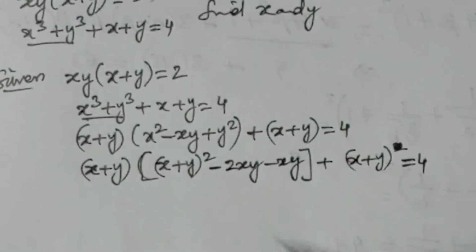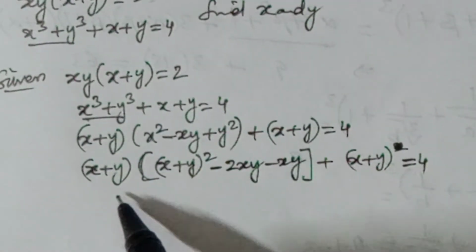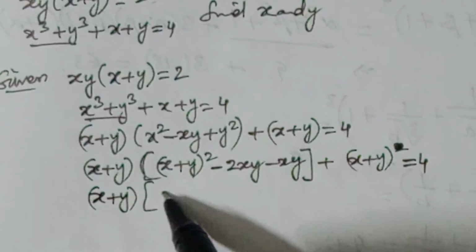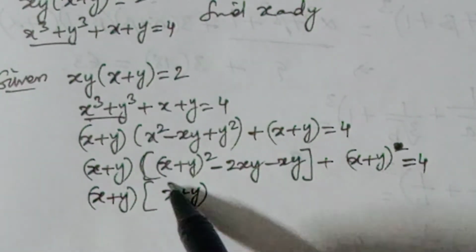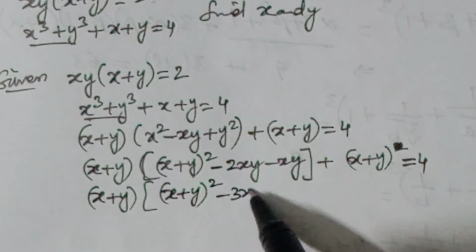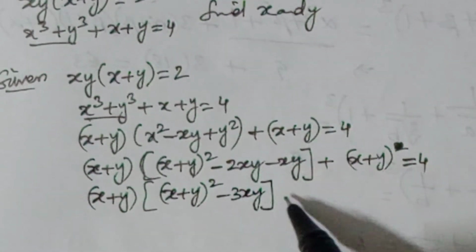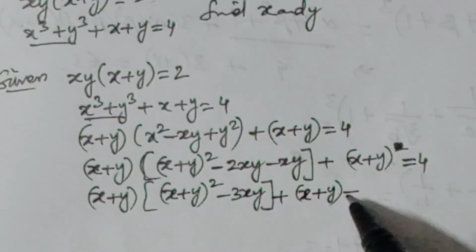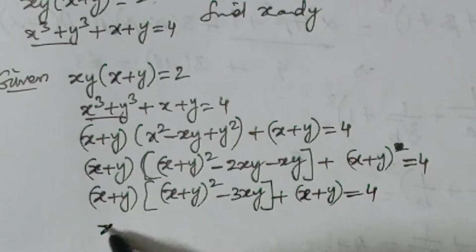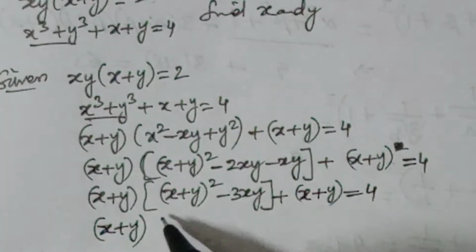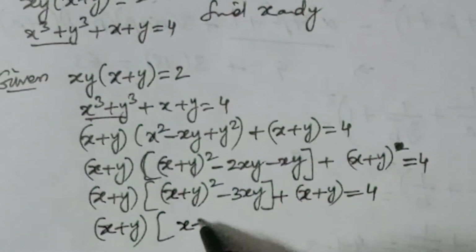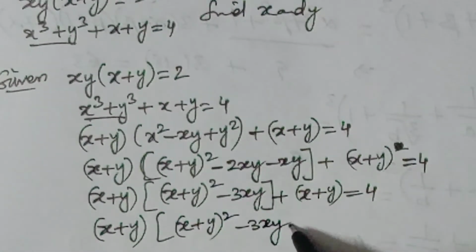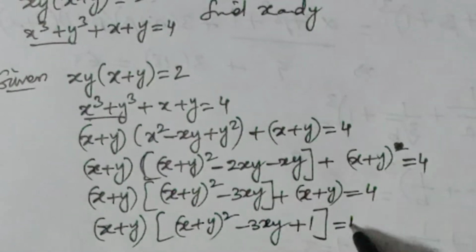So you can write it as x plus y into x plus y whole square minus 3xy plus x plus y is equal to 4. If you take x plus y common, x plus y into x plus y whole square minus 3xy plus 1 is equal to 4.